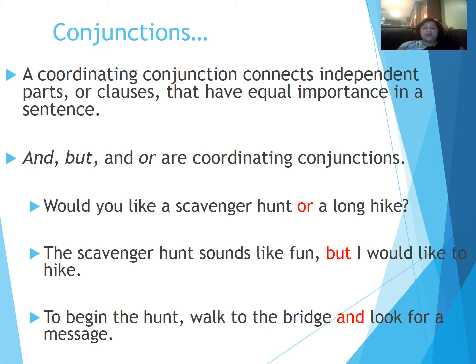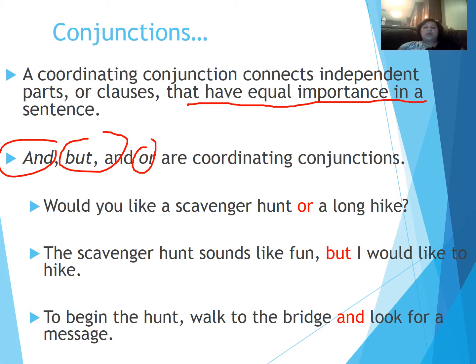So remember, a coordinating conjunction connects independent parts or clauses that have equal importance in a sentence. And, but, and or are coordinating conjunctions. Okay? So my sentence says, would you like a scavenger hunt or a long hike?